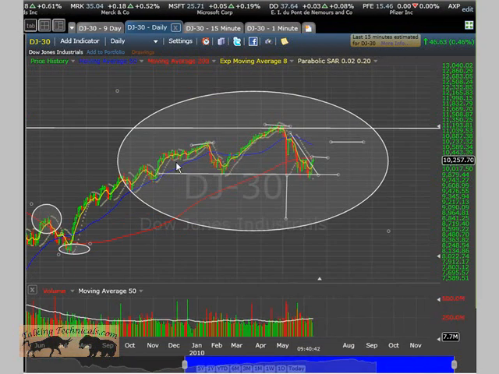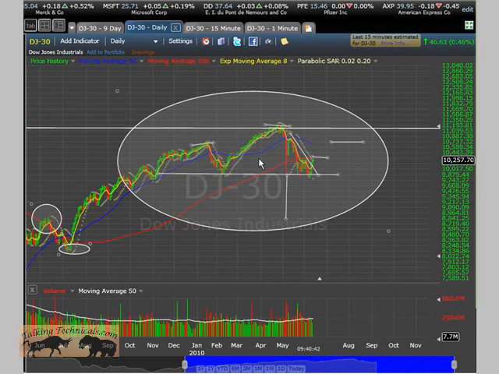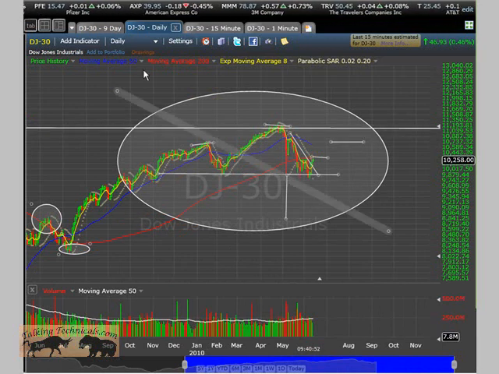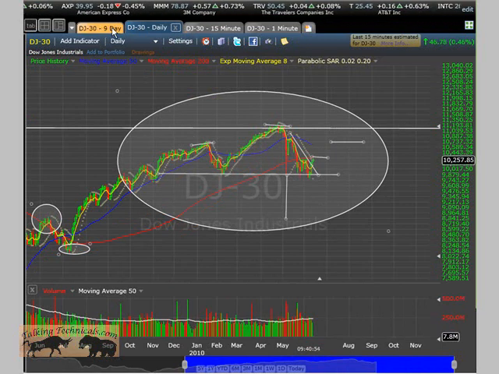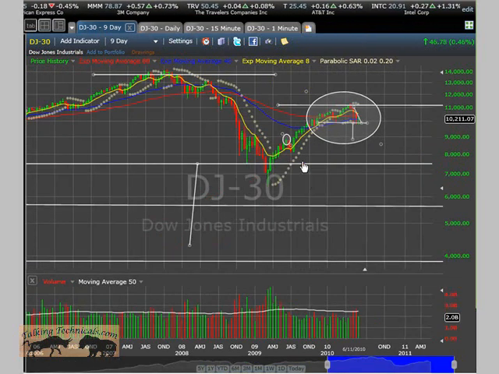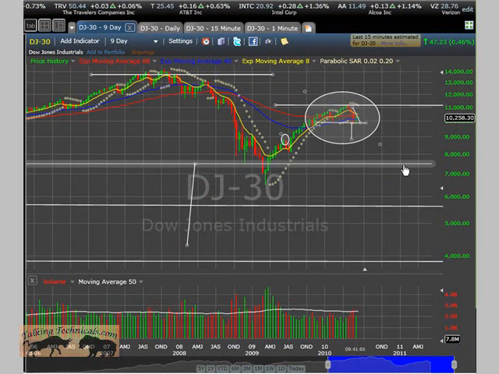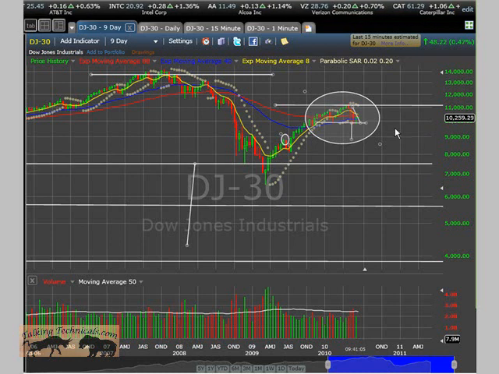So we're watching this shorter term head and shoulders. If the shorter term head and shoulders plays out, we break the neckline and we come down. It's probably, in my opinion, going to be enough momentum to get down to a double dip. Whether we'll break the neckline on the double dip, who knows? That's in the future.